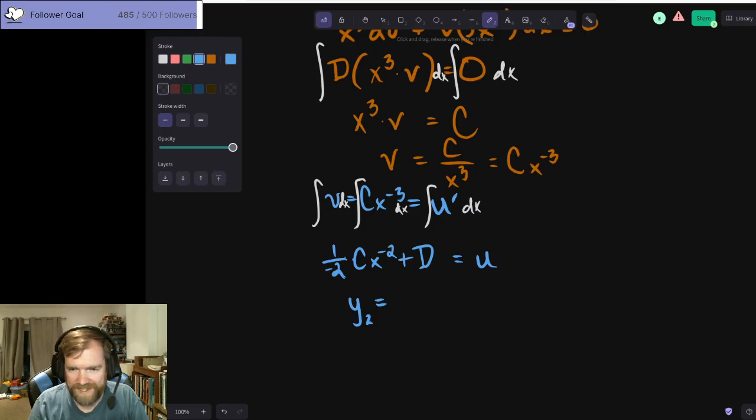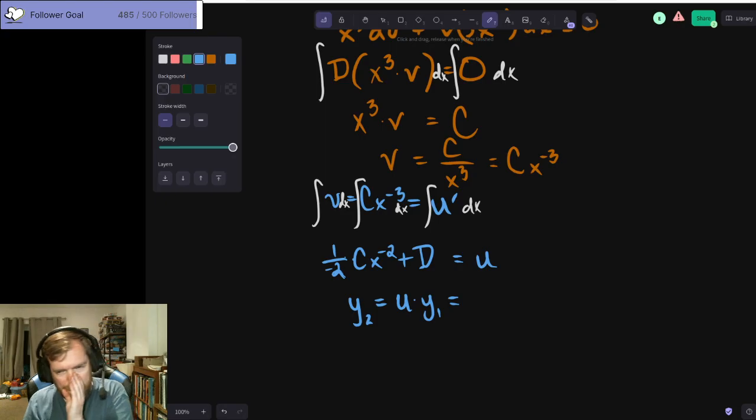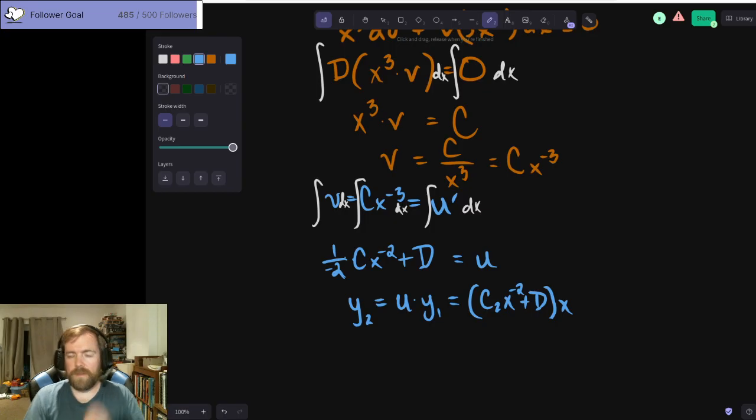Sorry. So, y2 is going to be u times y1, and y1 was x. If we leave it just, again, either let it be this or alter it in some other way. What do you notice about this solution?